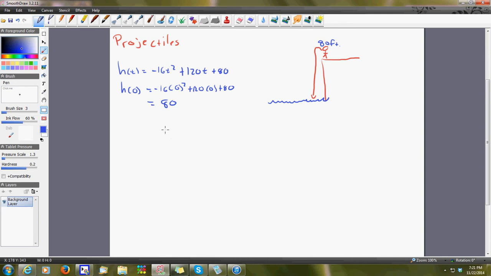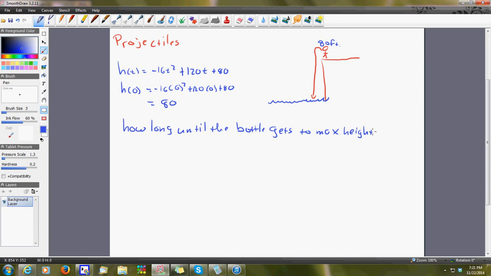So sometimes people say, well, how long will it take before the bottle gets to the maximum height? So how long until the object gets to max height?